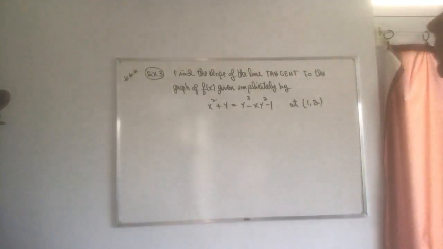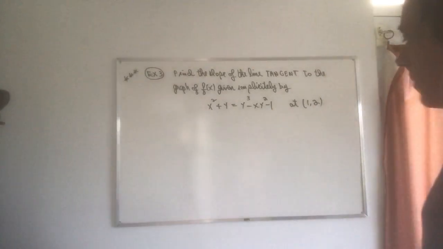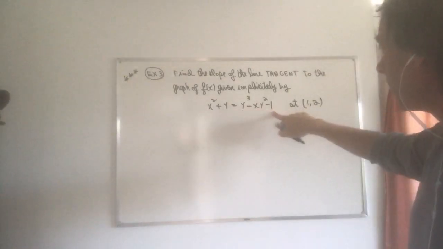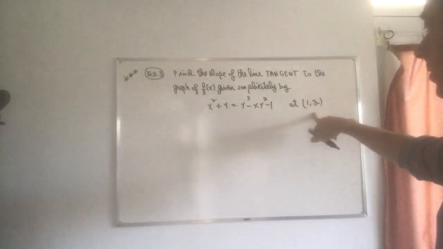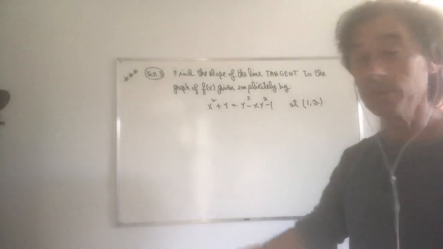So find the slope of the line tangent to the graph of f of x, where f of x is given implicitly by this equation, and I want the slope of the tangent line at the point (1, 2).